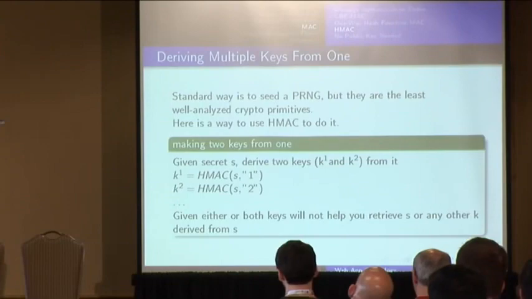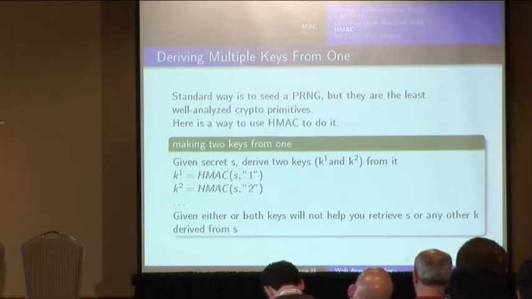And the neat thing is that K1 and K2 here can't be used to attack each other, and they can't be used to attack K because they've gone through the HMAC. So this is just a very simple pseudo-random number generator. You can actually use this as a PRNG if you really want to.